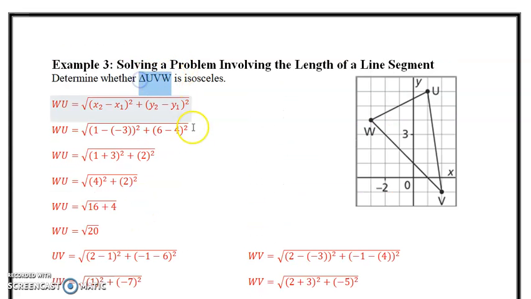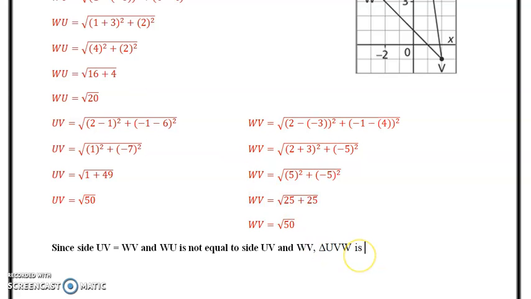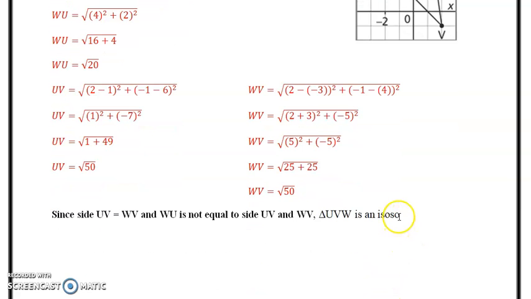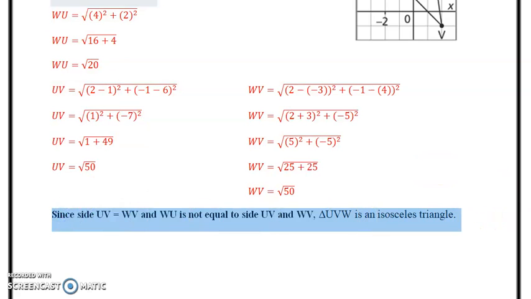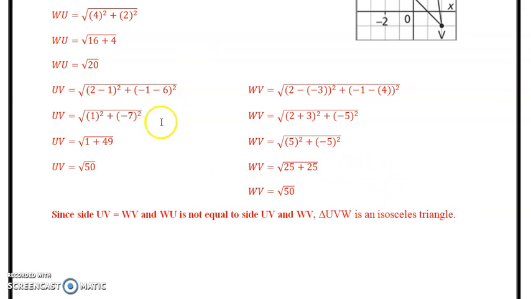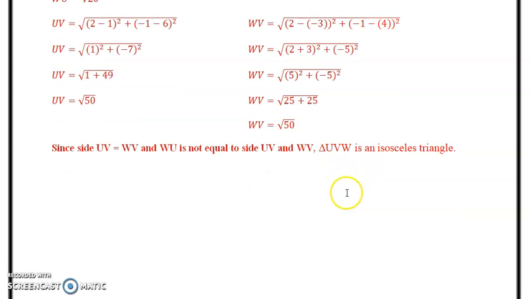So you can say the triangle is an isosceles triangle. Okay, and that's all you need to do. If 2 are equal and 1 isn't, it's isosceles. If they all were the same side length, they were all square root of 50 or whatever, then it would be obviously equilateral, and if they're all different, then it would be scalene.